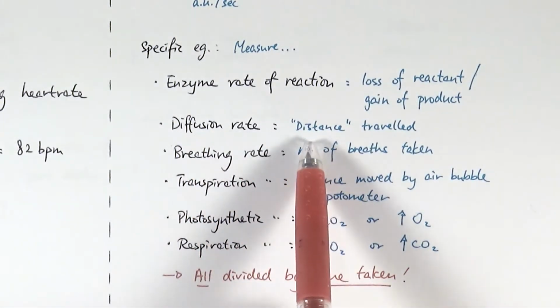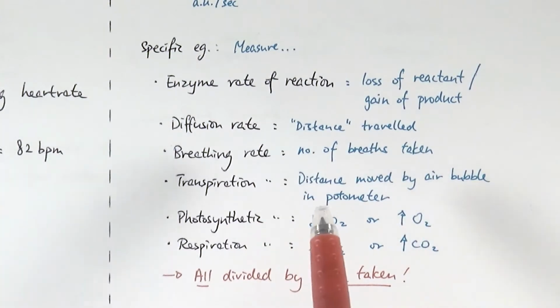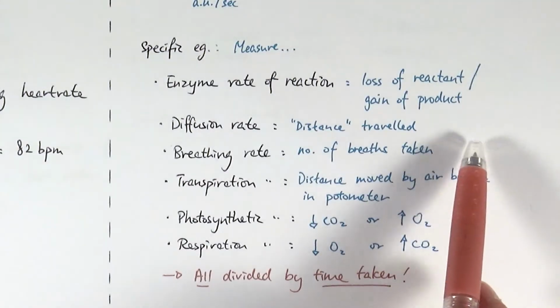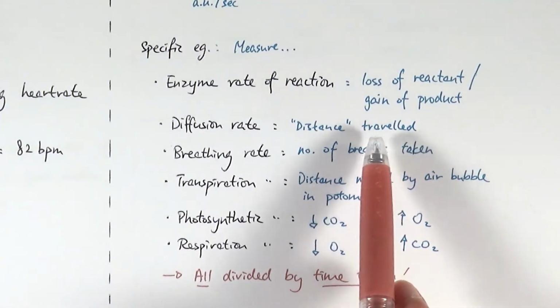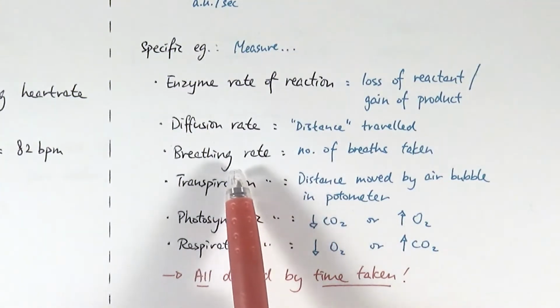For diffusion rate, it could be, let's say, the distance traveled by whatever substance you are working with. So if it's a diffusion experiment using hydrochloric acid with agar cubes with phenolphthalein indicator, then it could be about the distance traveled, the distance of discoloration in some sort, depending on what the question is looking for.